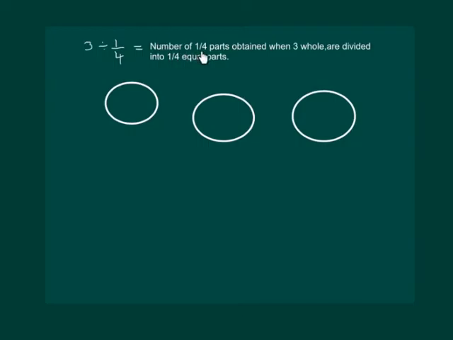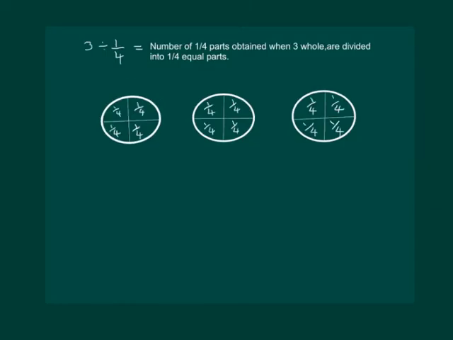So the number of 1 by 4 parts obtained when 3 whole things are divided into 1 by 4 equal parts each. And now to find the answer of 3 divided by 1 by 4, let us count the number of 1 by 4 parts we have. 1, 2, 3, 4, 5, 6, 7, 8, 9, 10, 11, 12. So the answer is 12.